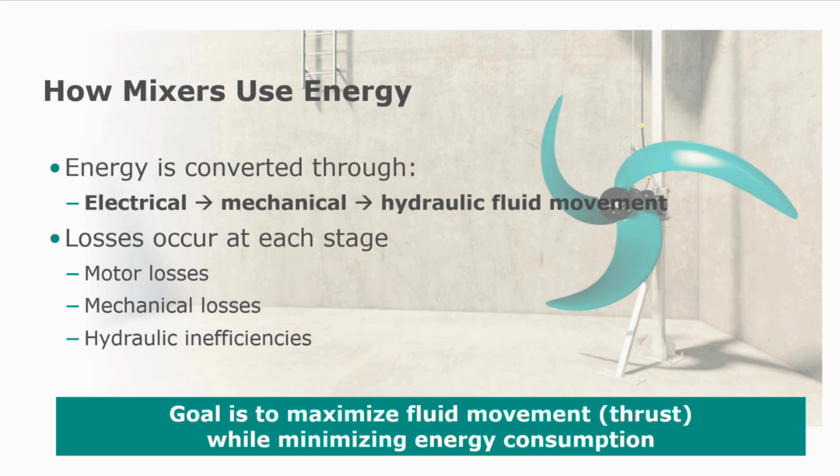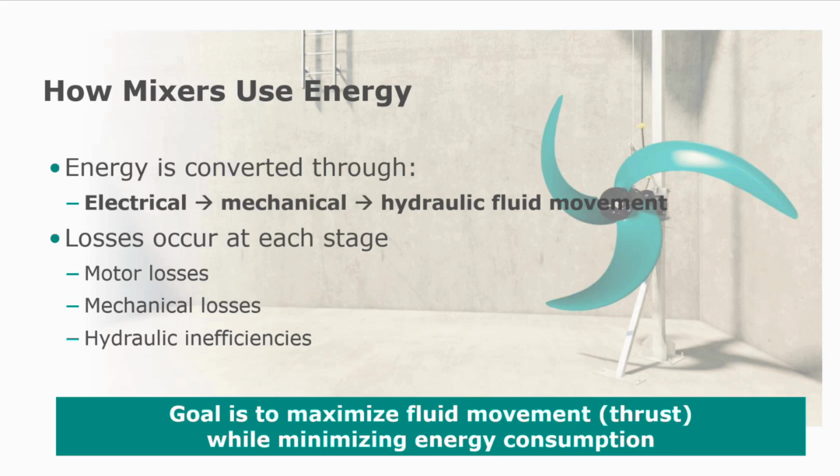Energy efficiency in mixing is not driven solely by the motor size or by the motor speed, but by optimizing the entirety of the system. This includes propeller design, hydraulic performance, operating conditions, but most importantly, as per the previous slide, the gear ratio.